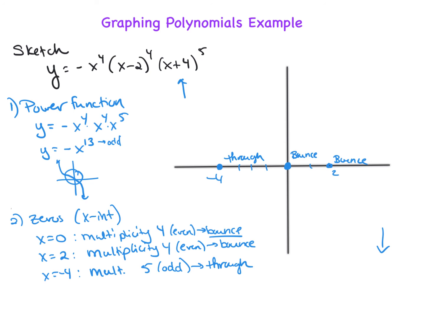Start in the upper left, coming down through x equals negative 4, bouncing off of 0, bouncing off of 2, and ending up in the lower right. Don't know how far down these two values go. We could figure that out by plotting some points or using calculus in a later class. For right now, this is a pretty good rough sketch of this polynomial.